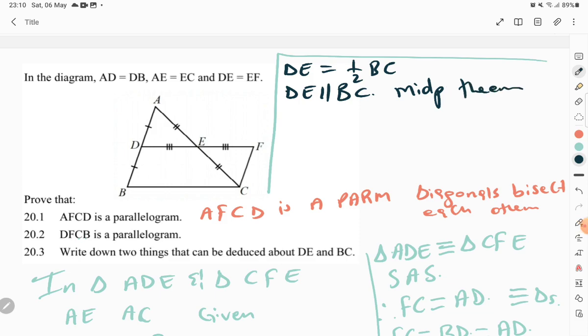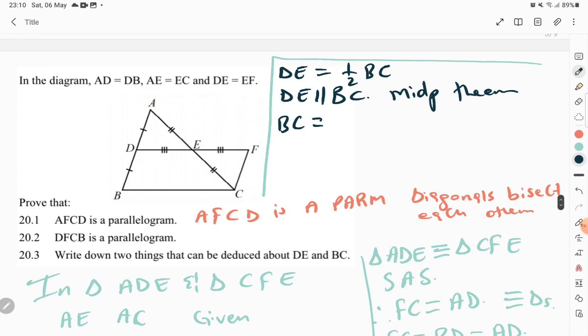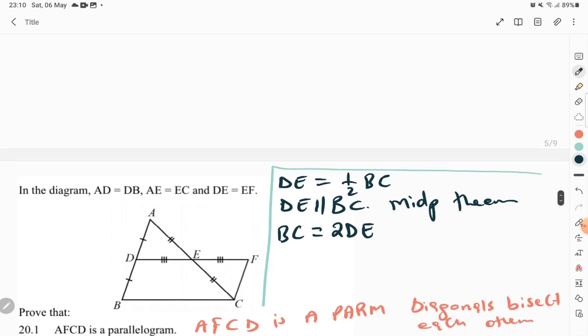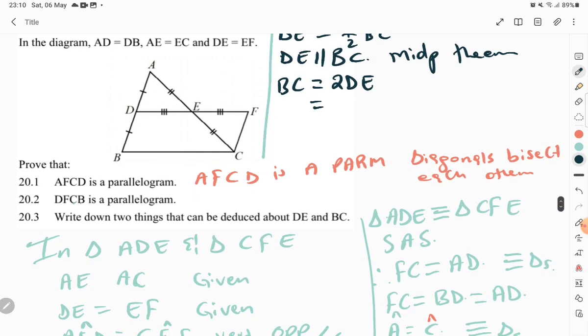Then we can say that if that is the case, BC is just equal to 2DE, but 2DE is the same as DF, because this is equal to that.